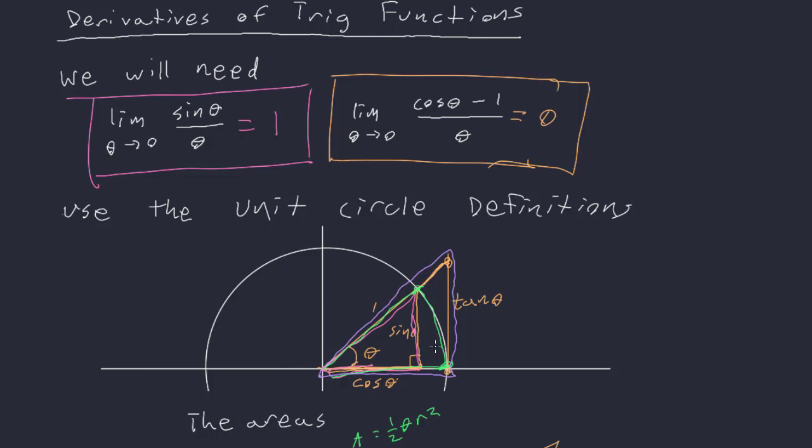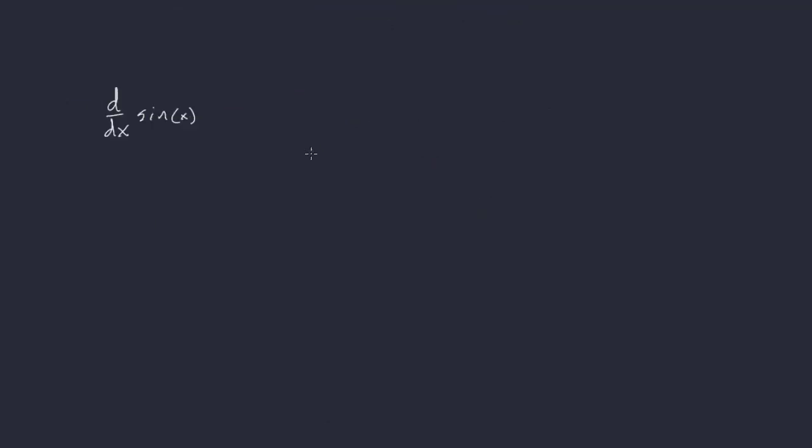Now we are going to use these two important limits to find the derivative of sine and cosine. All right, here we go. The derivative of sine is going to be the limit as h goes to 0 of sine of x plus h minus sine of x all over h.